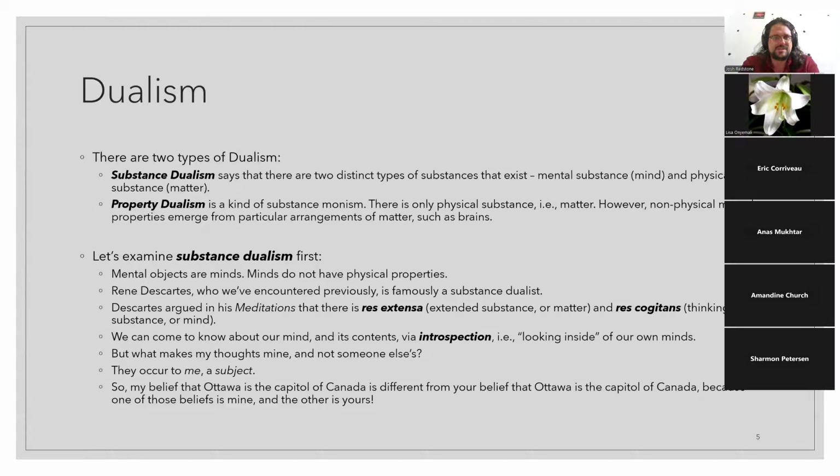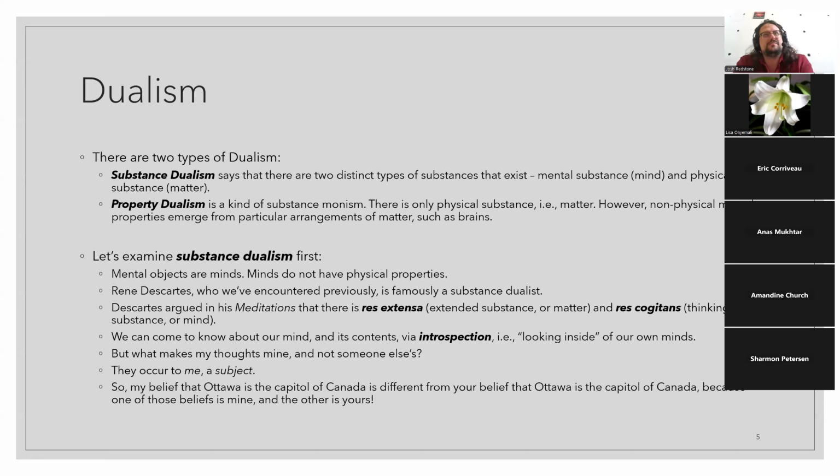Okay. So, like I said earlier, there are two types of dualism. Substance dualism, which is associated with Rene Descartes, says that there are two different types of substances: mental substance and physical substance. And then there's property dualism.